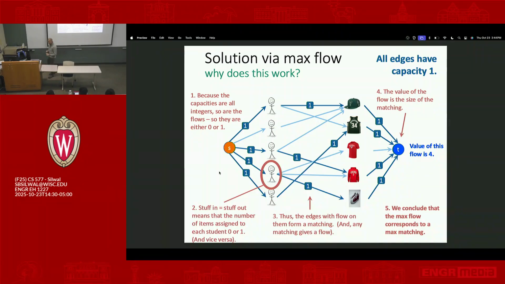Another way to say it is, imagine any matching of students to items. That corresponds to some flow, okay? If I only match this student to the Bucks jersey, that corresponds to some flow where you say 1 here, and 1, okay? Because every matching is a flow and every flow is a matching, the max flow has to be the maximum matching, okay? Questions?